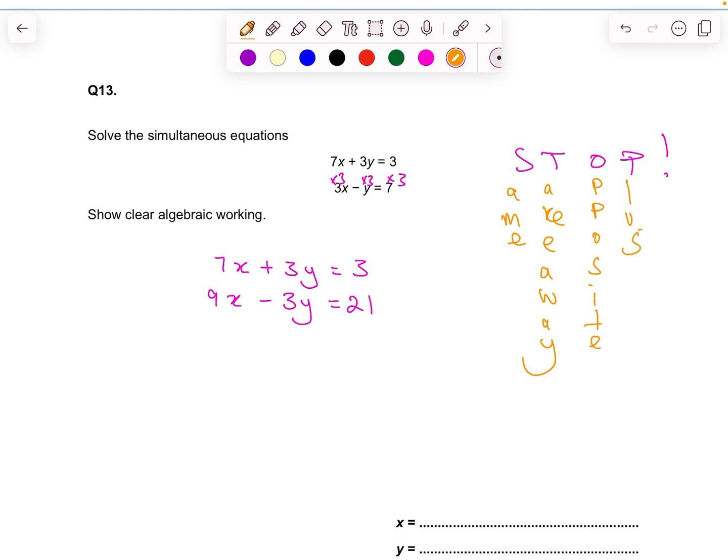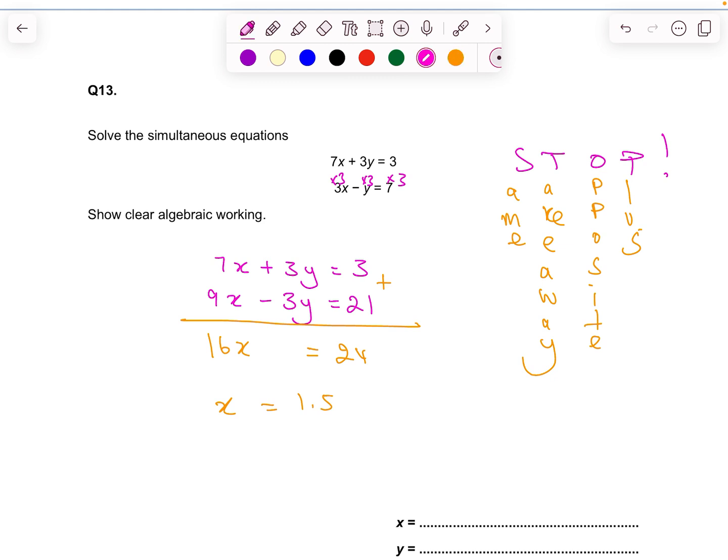Okay, and they are opposites, so I'm going to add them. So 7x plus 9x is 16x. 3y plus minus 3y is 0, so that disappears. And then 3 plus 21 is 24. And so then x equals 24 divided by 16, which gives me 1.5.